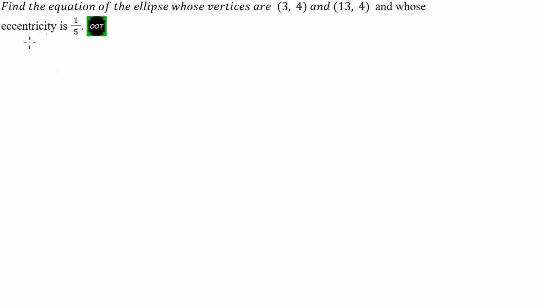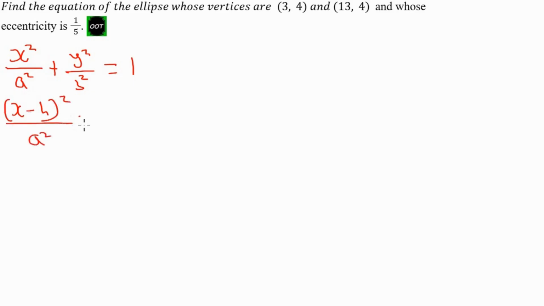Because remember, the equation of the ellipse would either be x squared over a squared plus y squared over b squared equals 1, or the one that is not centered at origin, x minus h all squared divided by a squared plus y minus k all squared divided by b squared equals 1. But still remember, if it is vertically oriented, the values of a and b are changed.